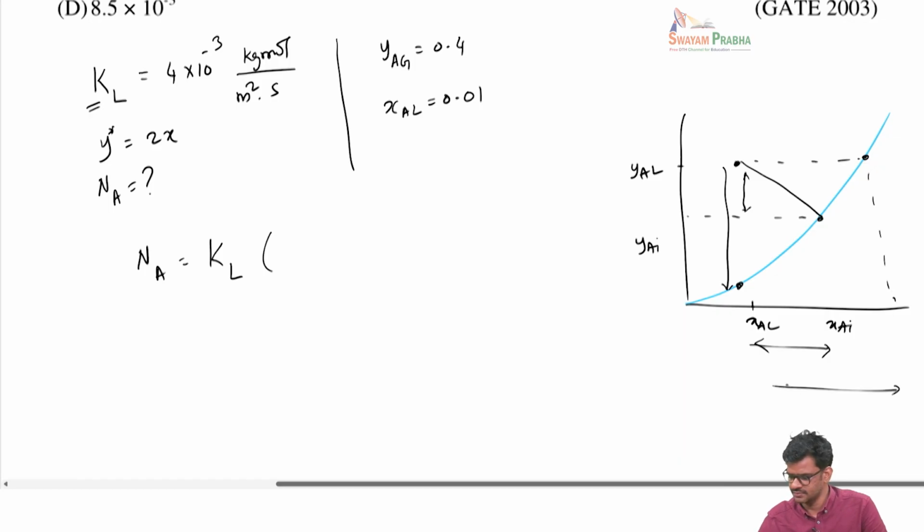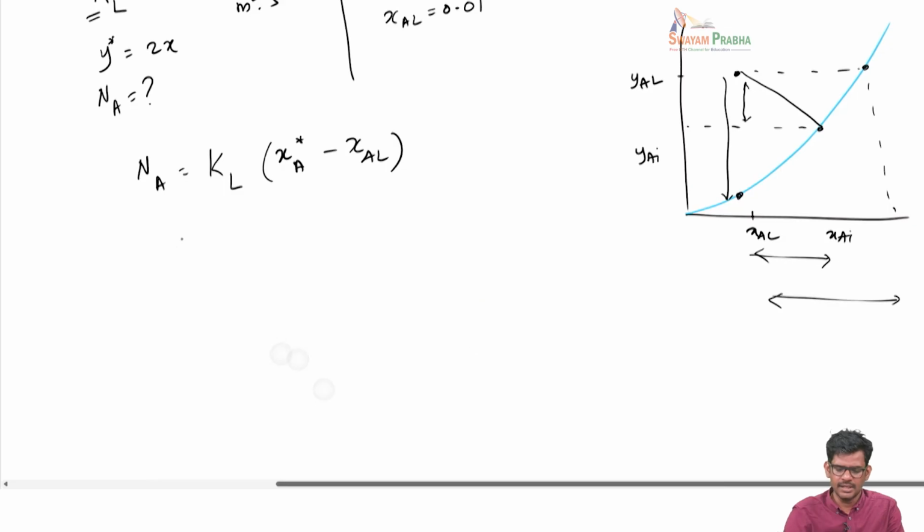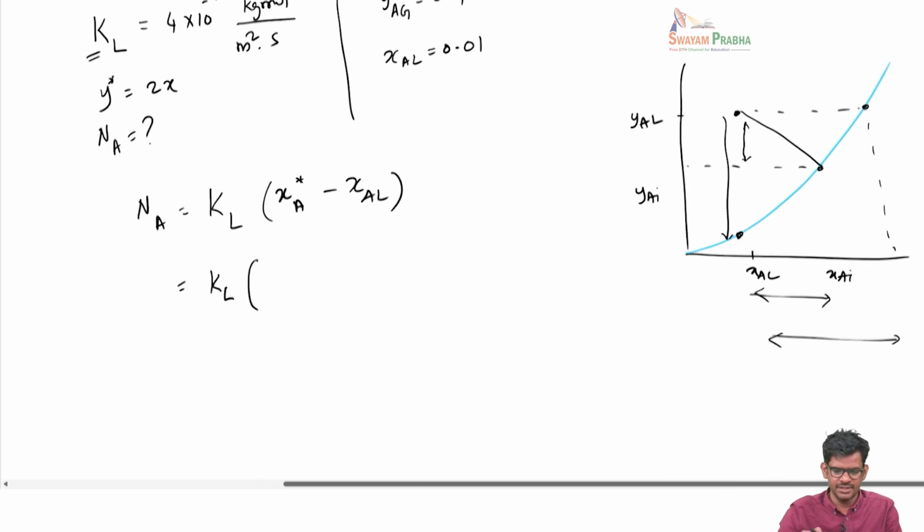Okay, so that is this. So XA star minus XAL. Since I don't know XA star, I can get it from the equilibrium line corresponding to YAG. Okay, so the equilibrium line is given here as 2x. So this would be YAG over 2 minus XAL.